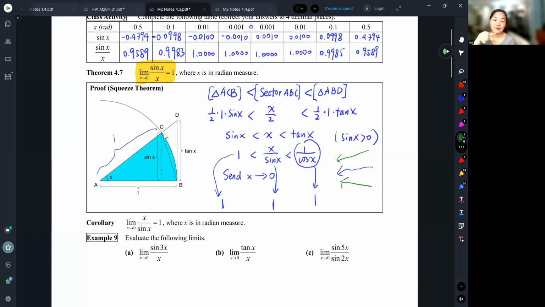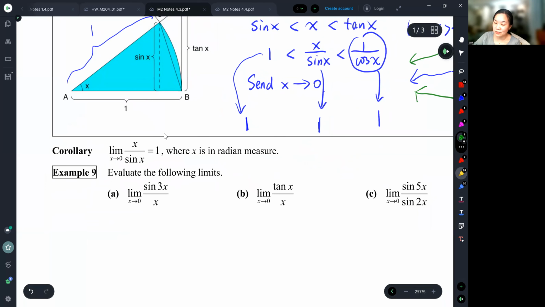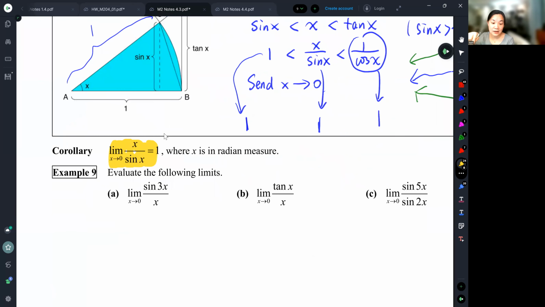After simplifying, after factorizing, it will have something to do with this function. I'll show you how. Now, this one is also true. Since sine x over x tends to 1, x over sine x also tends to 1. You can use that directly. Example 9.